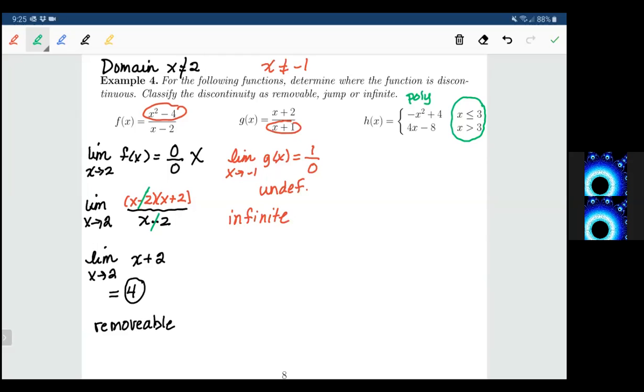So we need to determine what is happening at x equals 3. So let's see if h of 3 is defined. Of course it is. x equals 3 is in the first branch, so we can just evaluate this. And -9 plus 4 is equal to -5. So h of 3 does exist.